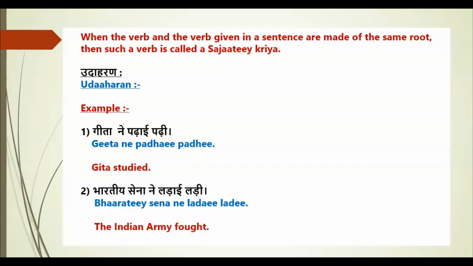This means when the karma and the kriya given in a sentence are made of the same root, then such a verb is called a sajatiya kriya.